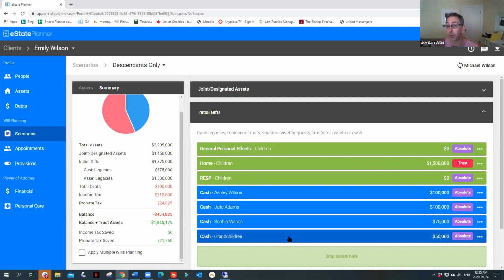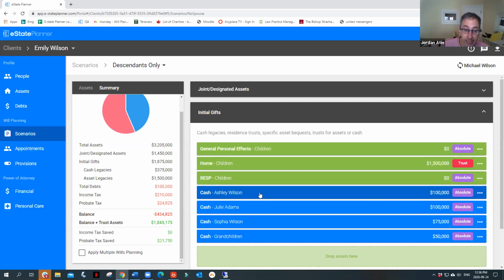So you take the total amount of the legacies, 375, you take the first legacy worth 100, that's 100 out of 375. That's the percentage they're going to get of whatever money's available to satisfy the initial gifts, which in this case is less than $375,000 that you would need to satisfy them in full. That makes sense so far? So that's what we've got.